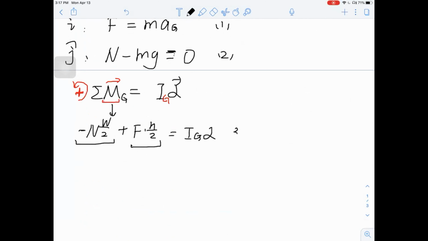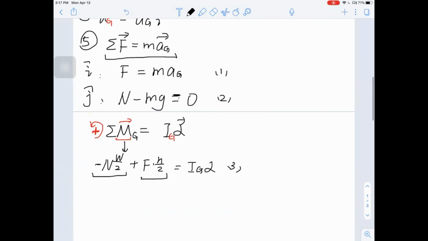Now we have the third equation. Here, just want to make it clear, since here, first equation is in I direction, second equation is in J direction. The third equation we have here is in K direction. It's all the moments or rotations in terms of K direction. Okay.